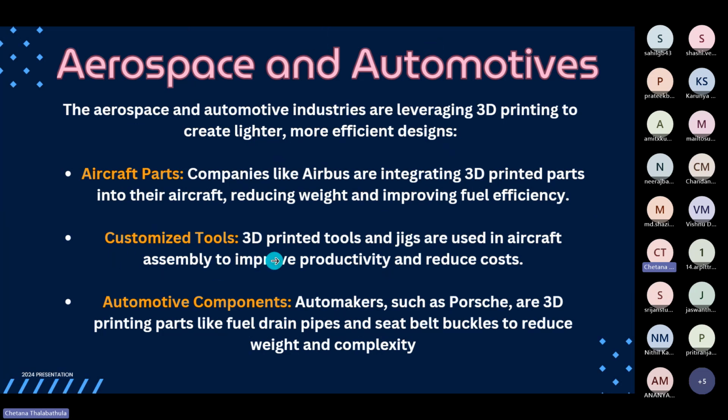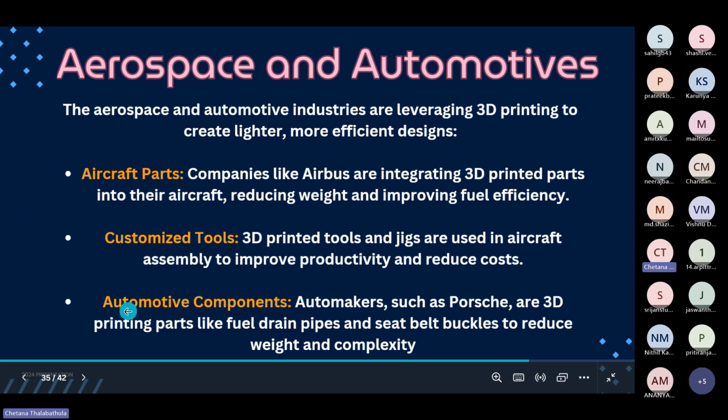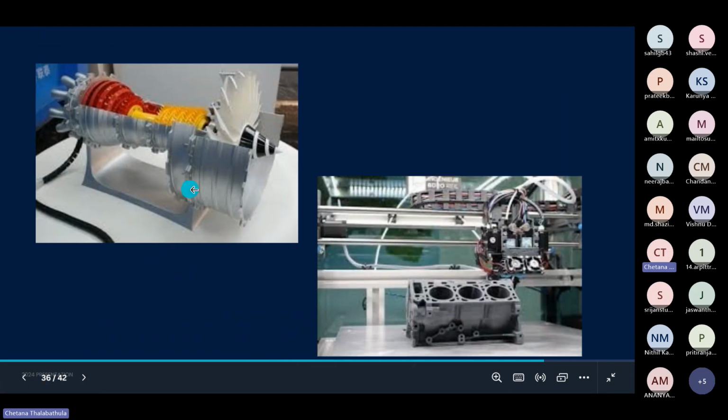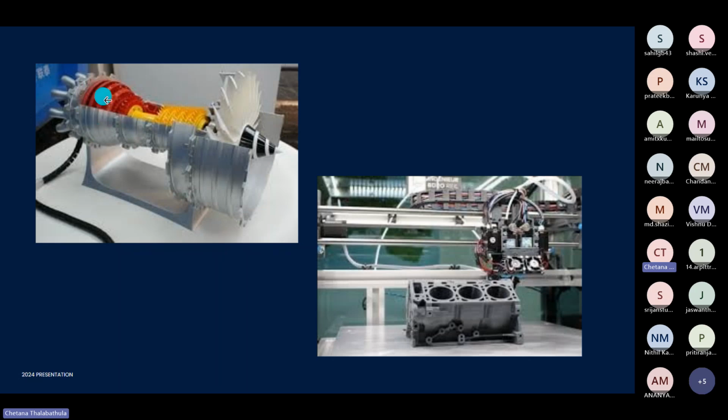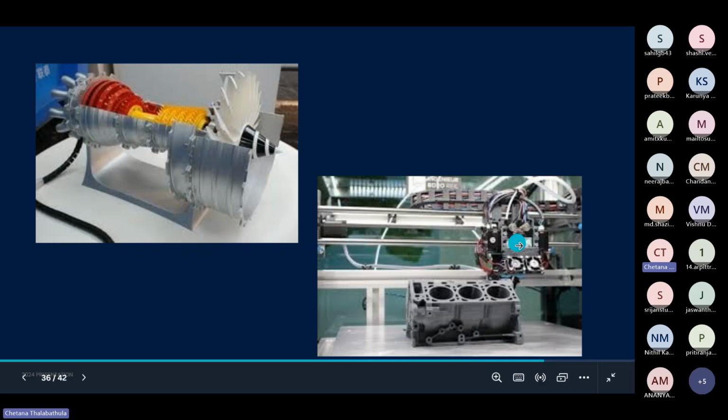And customized tools used in aerospace and automotives can be 3D printed to reduce costs. It becomes very economical. And automotive components such as fuel drain pipes. In Porsche, the fuel drain pipes and seat belt buckles are printed to avoid unnecessary weight on the passenger. So this is a part of an airplane printed, and this is some inside part of an automobile.